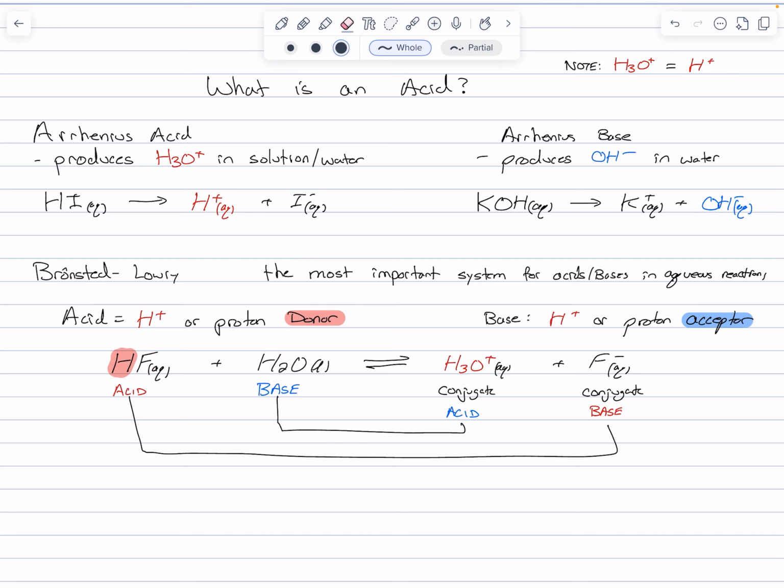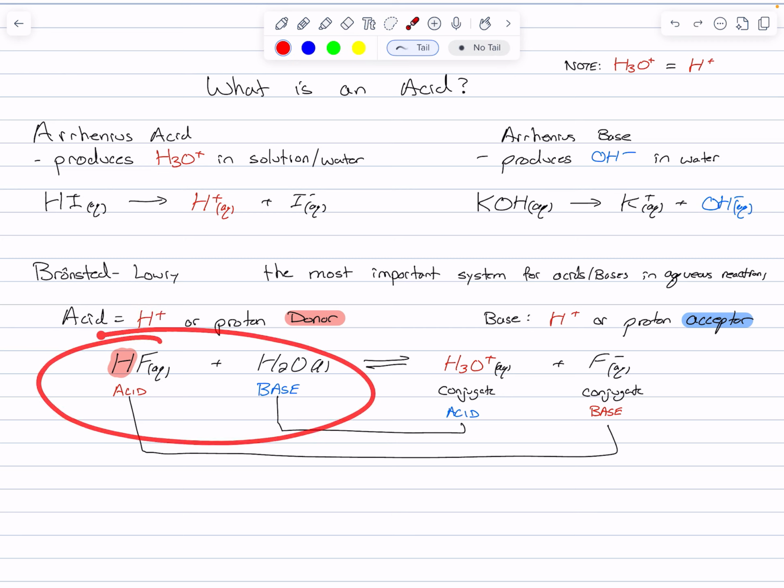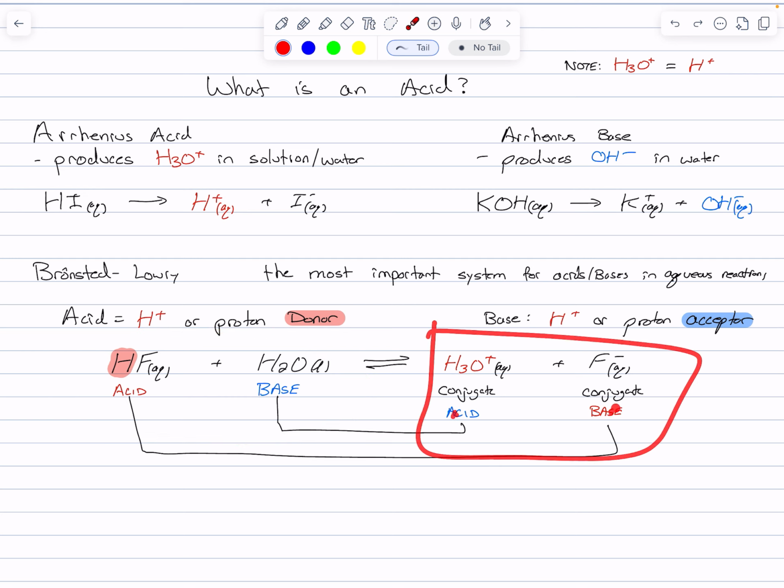We don't want to start the play with the catcher having the ball, so the catcher throws the ball back, all right? But that's a good analogy of acid base, right? Who's the acid, who's the base? And so it depends. If you're looking at this side, acid and base. If we're looking at the product side, acid base, right? They're conjugate pairs. All right.